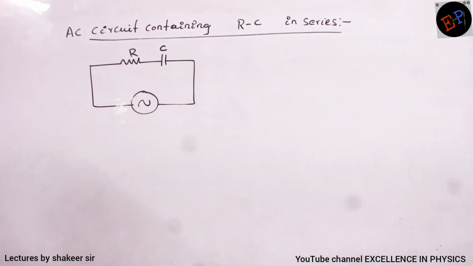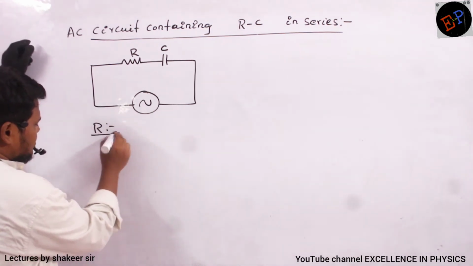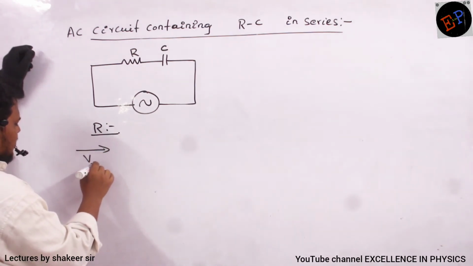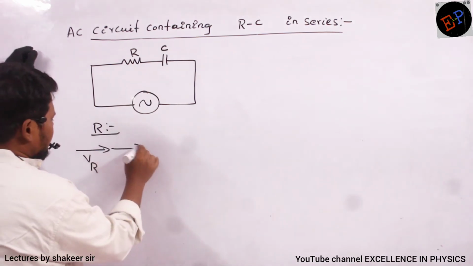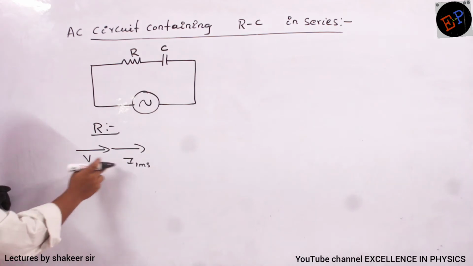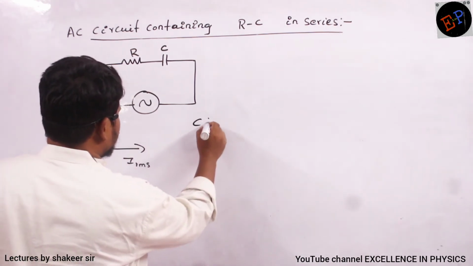So circuit containing RC. Just draw what the phasors are for resistor. So this is VR, and this is IRMS. Clear? Voltage consumed by resistor, RMS current in the circuit, and this is capacitance.